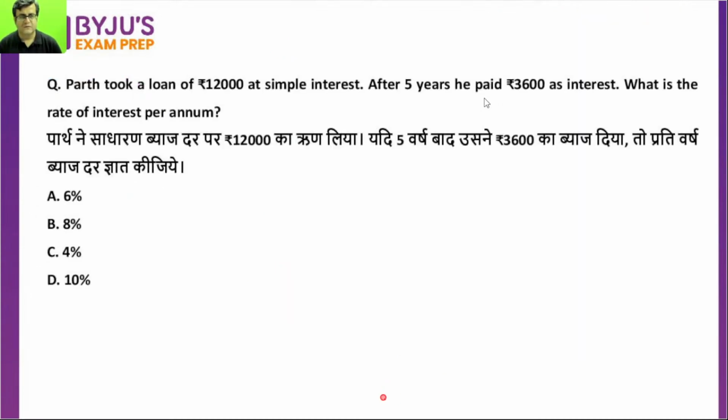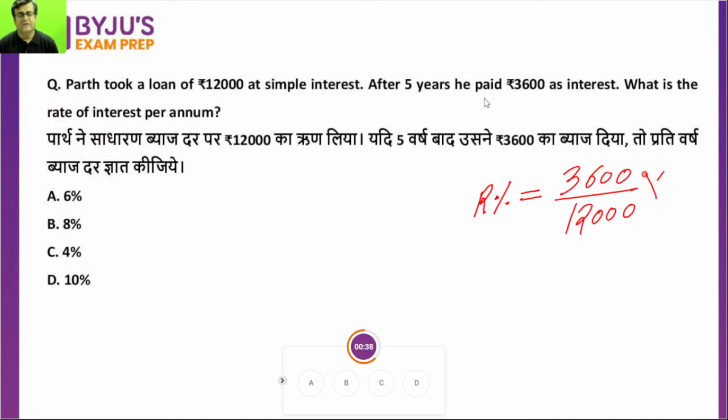Let's go next. $3,600 is the interest. Principal is 12,000 into 100.